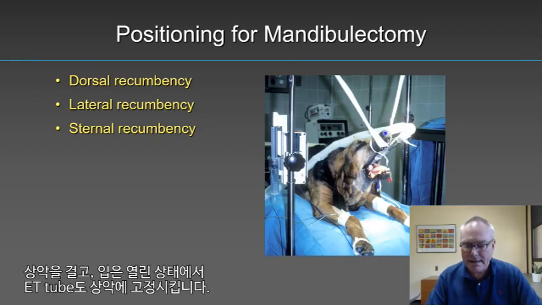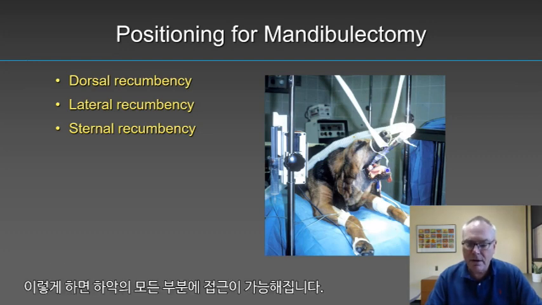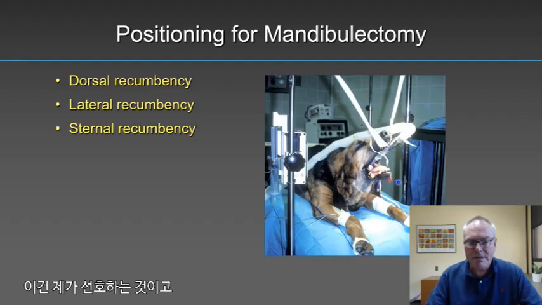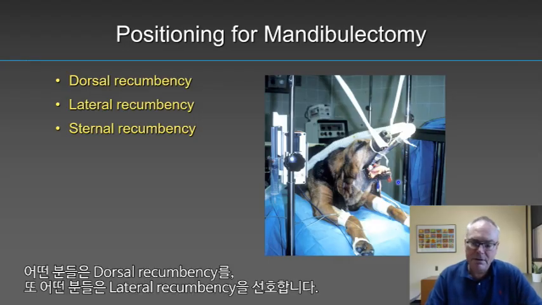So the maxilla is suspended, the mouth is open, the endotracheal tube is fixed to the upper jaw, and then we have the entire jaw that we can work on. This is my personal preference. Some people like to do them in dorsal recumbency, some people like to perform their mandibulectomies with the animal in lateral recumbency.